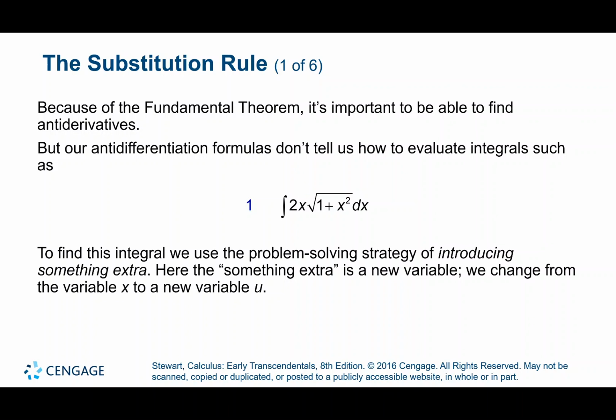And sometimes it works out nicely, where once we've rewritten this using a different variable, what we end up with in the new variable is something that we can integrate using our more basic rules. So really nice when it works.